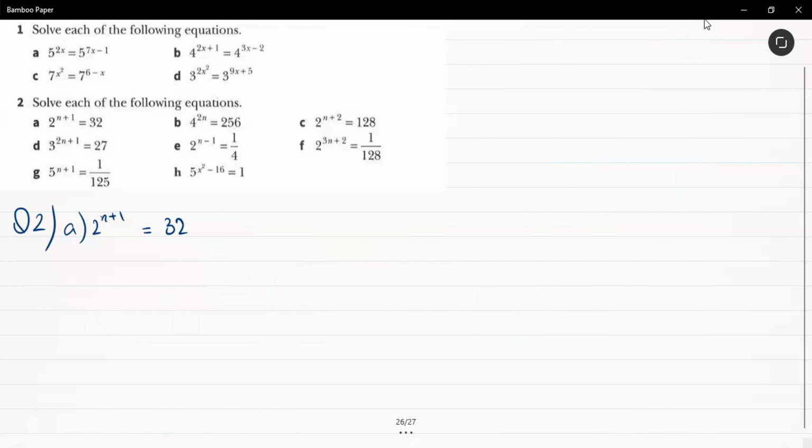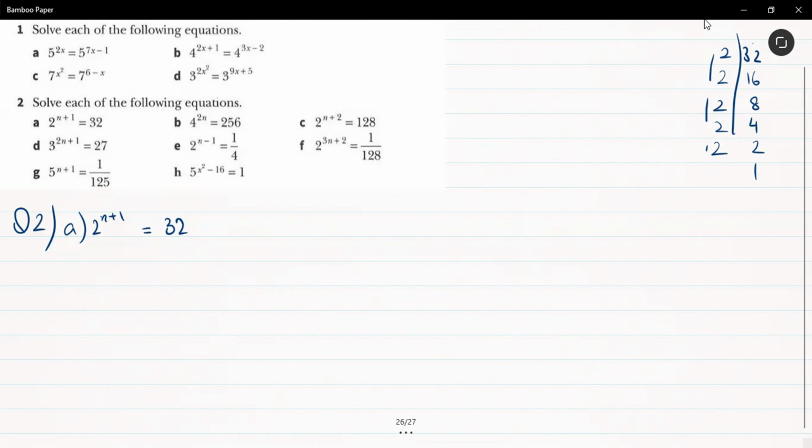So now first of all, find out the factors of 32. Okay. So we have got 2 1s are 2, 2 2s are 4, 2 4s are 8, 2 8s are 16, 2 16s are 32. So we get 2 to the power 5.